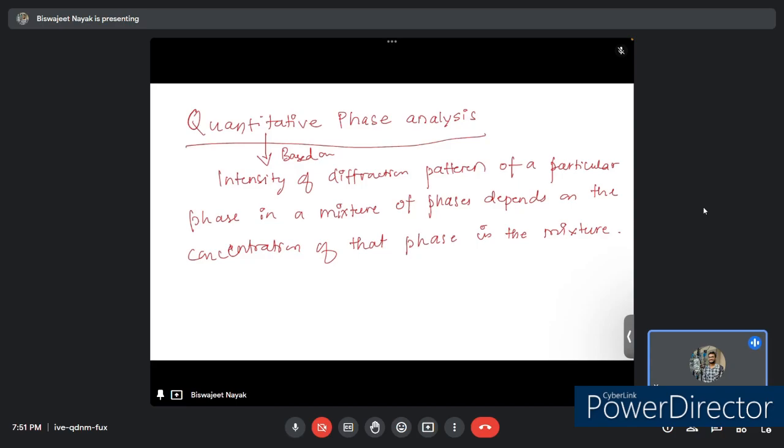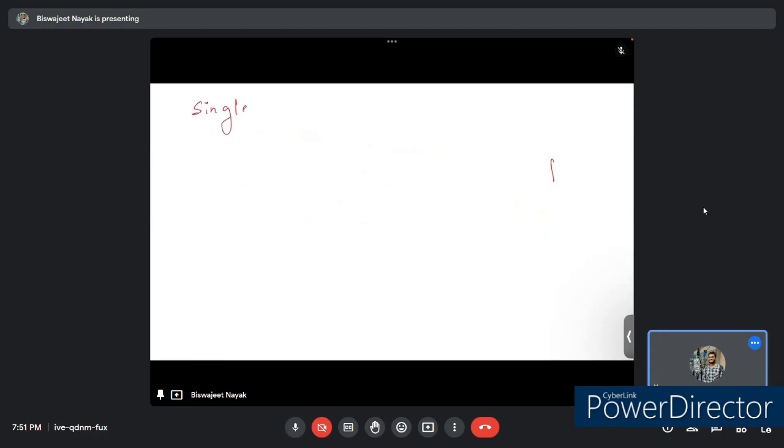It is based on the fact that the intensity of the diffraction pattern of a particular phase in a mixture of phases depends on the concentration of that phase in the mixture.